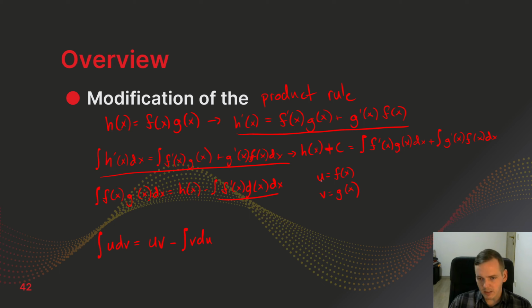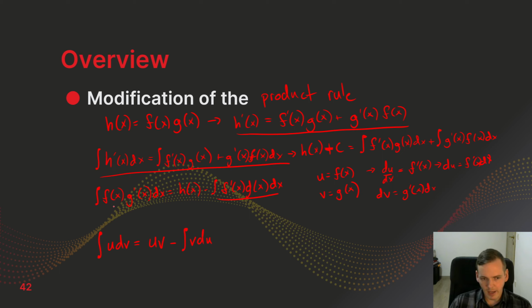That's because if you take the derivatives of these, you'll get that du dx is equal to f prime of x. So in other words, du is equal to f prime of x dx. And by the same token, dv is equal to g prime of x dx.